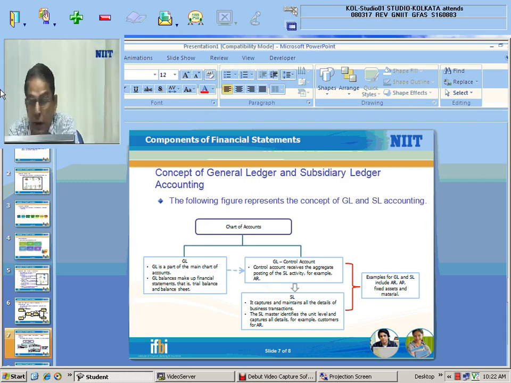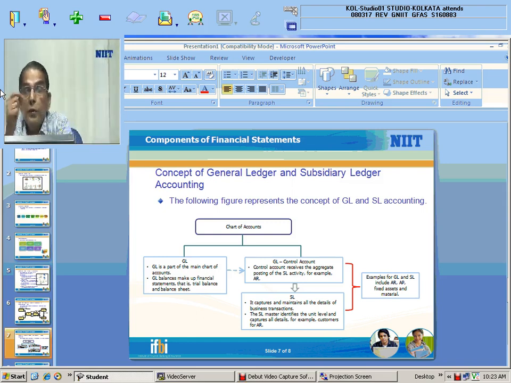It contains all the information on each of the credit sales to customers, each customer's remittance, return of merchandise, discounts, and so on. With these details in the subsidiary ledger, the account receivable account in the general ledger can be a control account. As a control account, it will simply report the aggregate amounts of the account receivable activity.